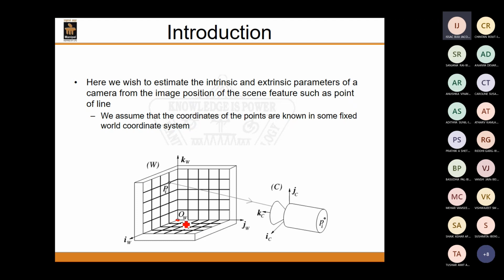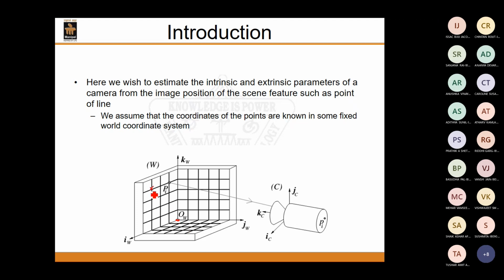Given these three frames with a grid-like structure, the point of intersection of the three planes as the origin of the world coordinate, and the fact that all three planes are perpendicular to each other, we assume certain points on this grid.